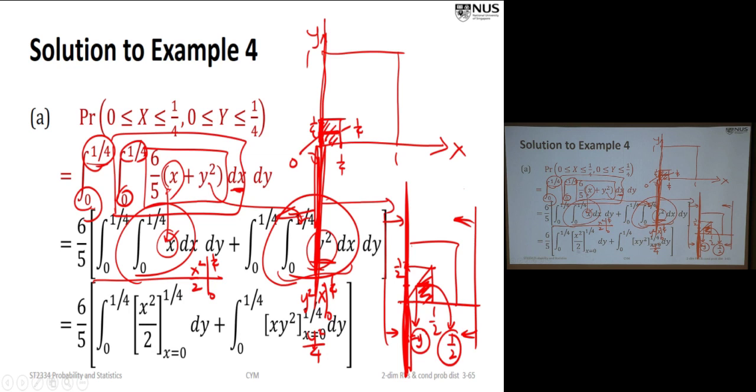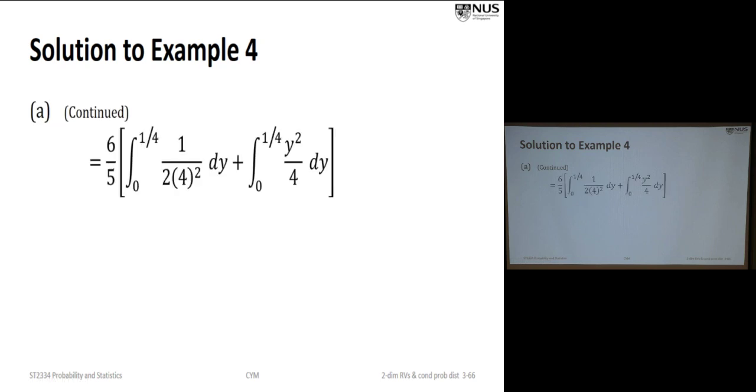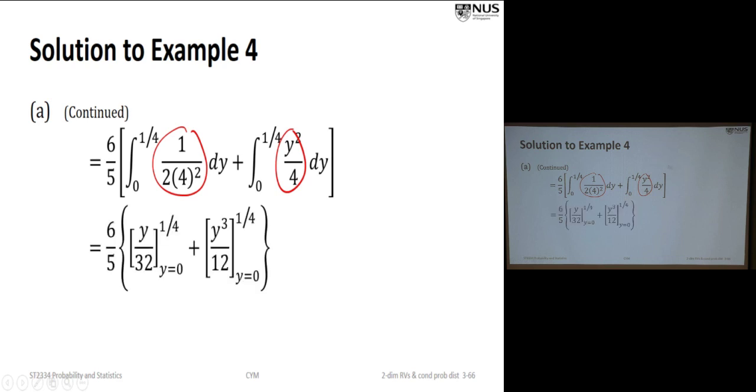So this is the way that we do it. And so it becomes like this. This is after you complete the first integration. Is that what you get? And then continue to integrate with respect to y. And the answer is 7/640.